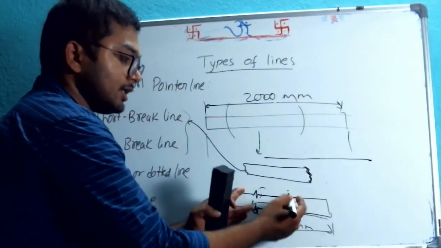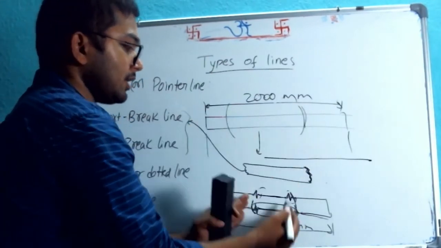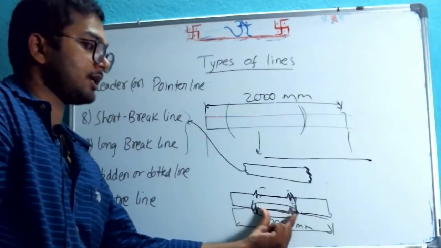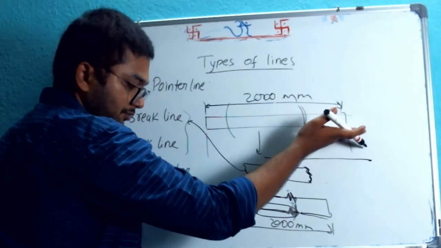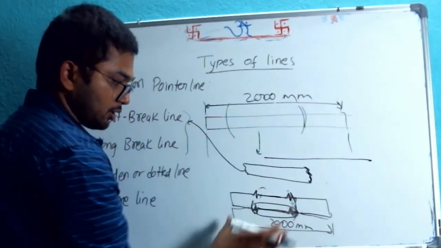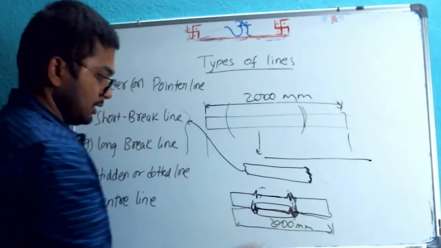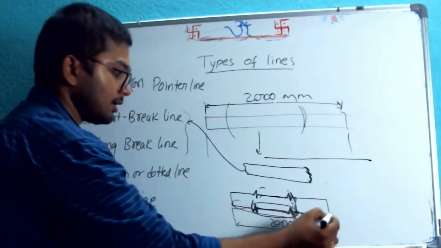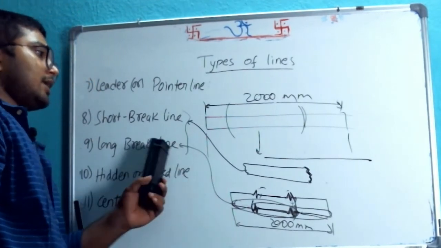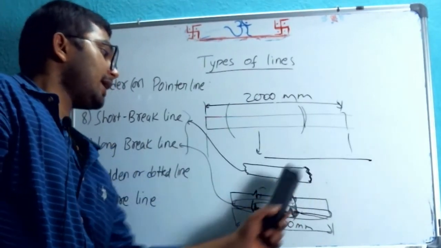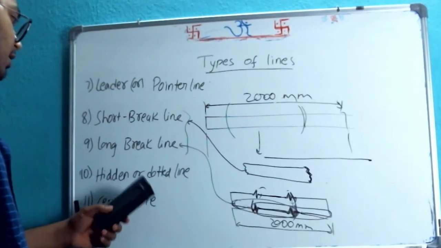So within this, I am reducing the length. So for a long edge, I am reducing it to a short edge with little breaks here. That means this line, we call it a long break line, which is representing a long edge as a short edge.